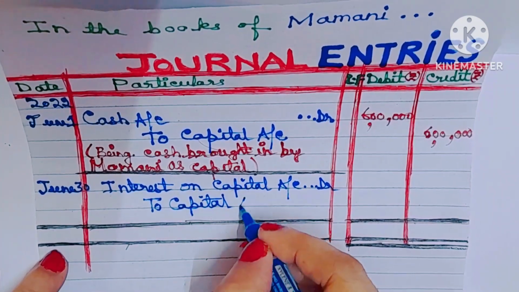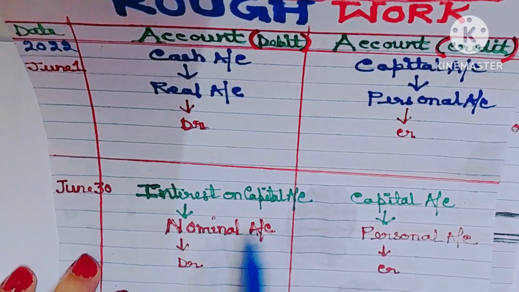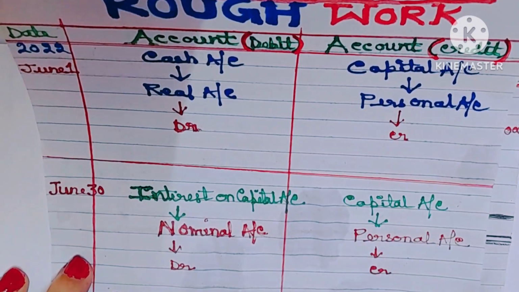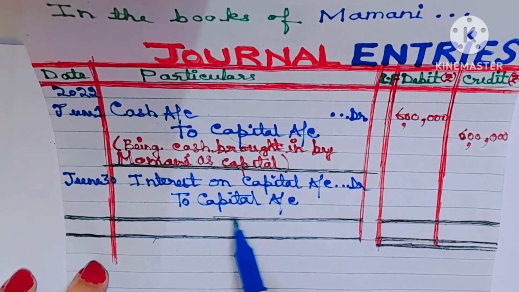Okay, let me show you again. 30th June, interest on capital account debit, capital account credit. That is what we have done.